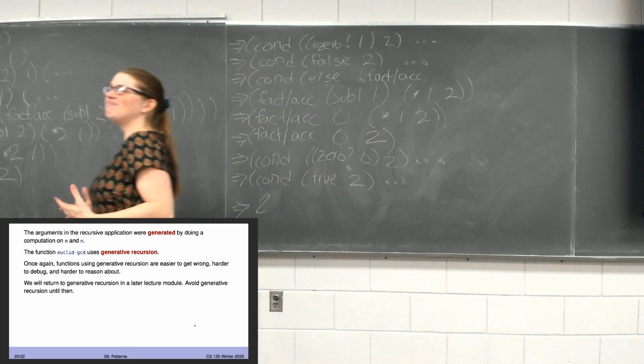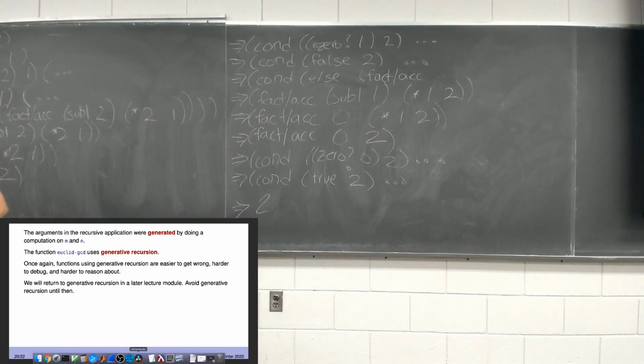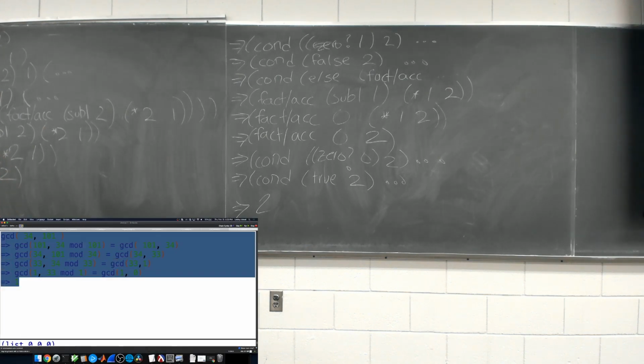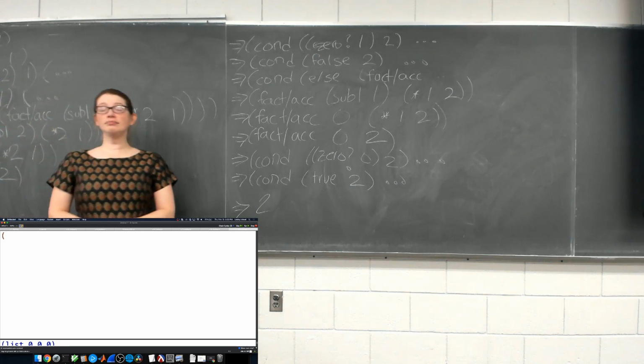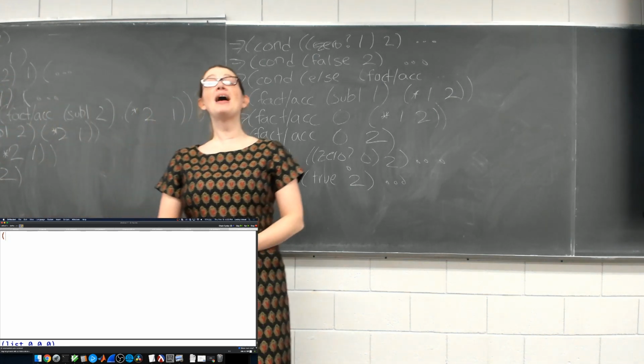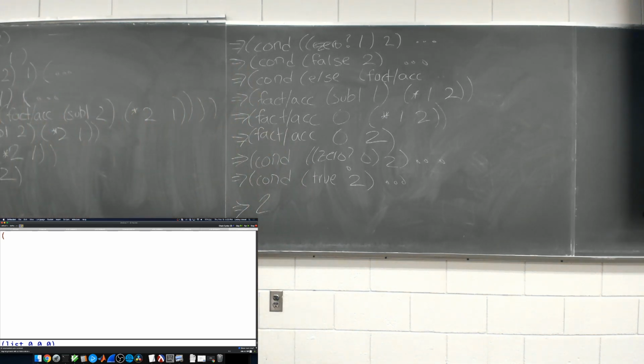Now you might be wondering, what are some other examples of generative recursion? What if I wanted to do counting down from a number by 2s? Now you might be thinking that's simple recursion. Well, that's not going to work because maybe we're doing odd numbers.